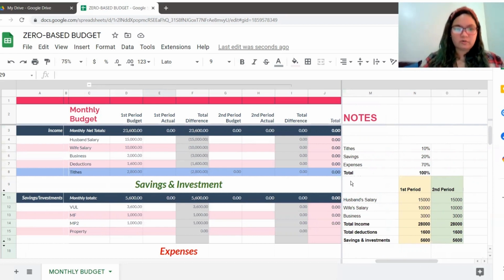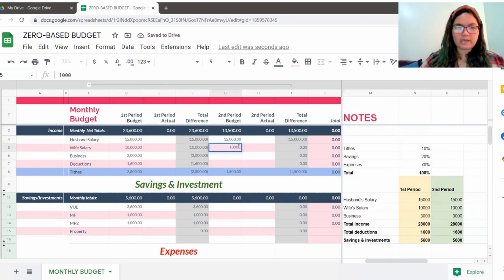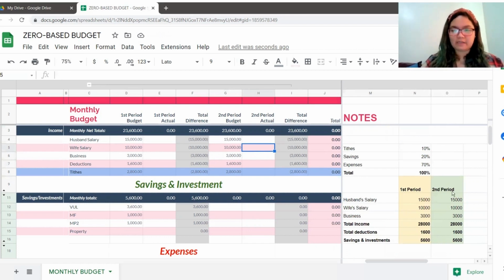For the second period, the husband's salary is still 15,000, the work-from-home wife earns 10,000, and their business is 3,000. Total deduction is still 1,600, and their tithes are still 2,800. This is just an example, so we can make up easy numbers.